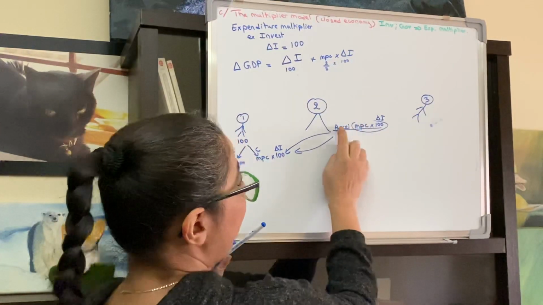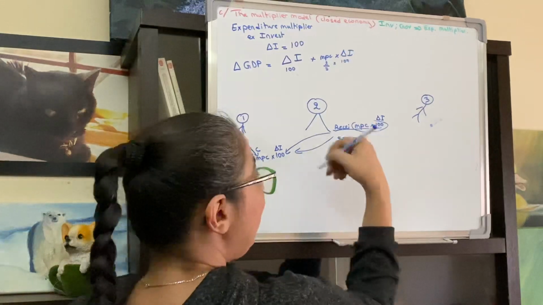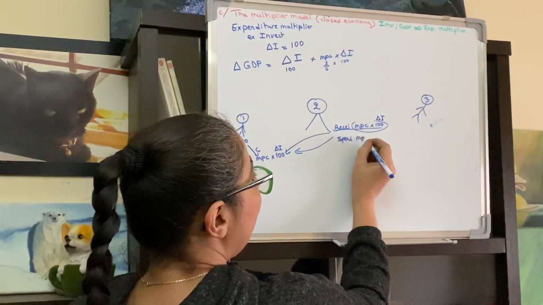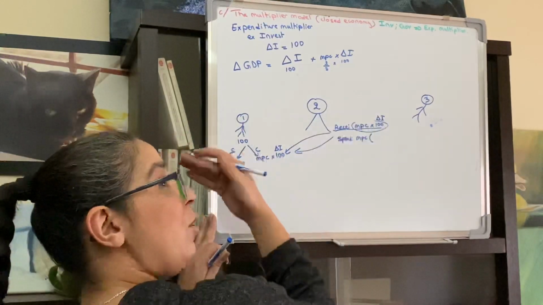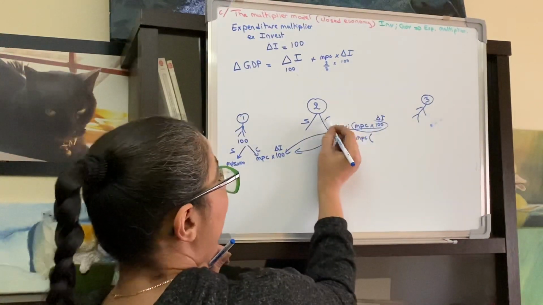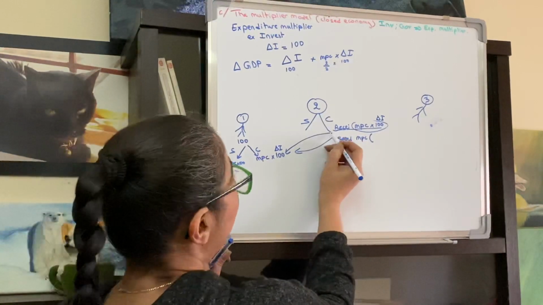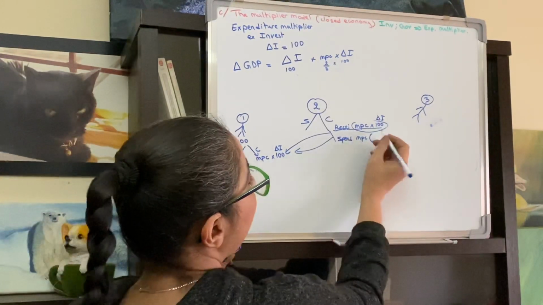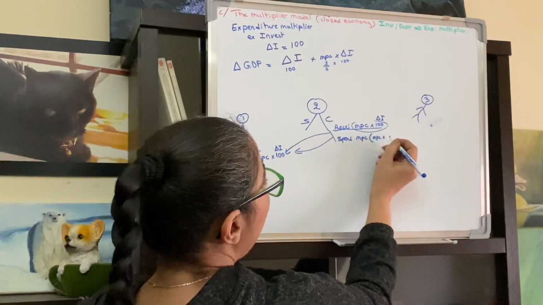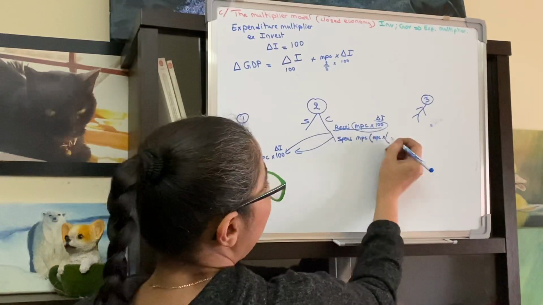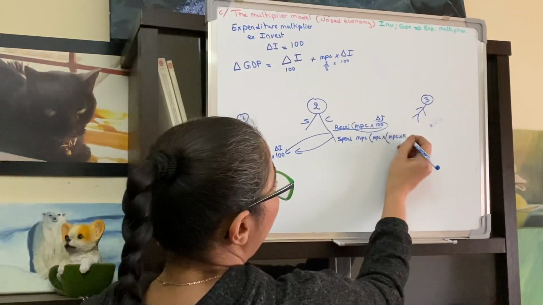This is what he received. Now he's going to spend MPC of it. MPC times whatever money he received, because part of it is going to go to saving. Okay, I'm only calculating what's going to go to consumption. He's going to spend MPC times whatever money he received: MPC times MPC, what he received, times 100.